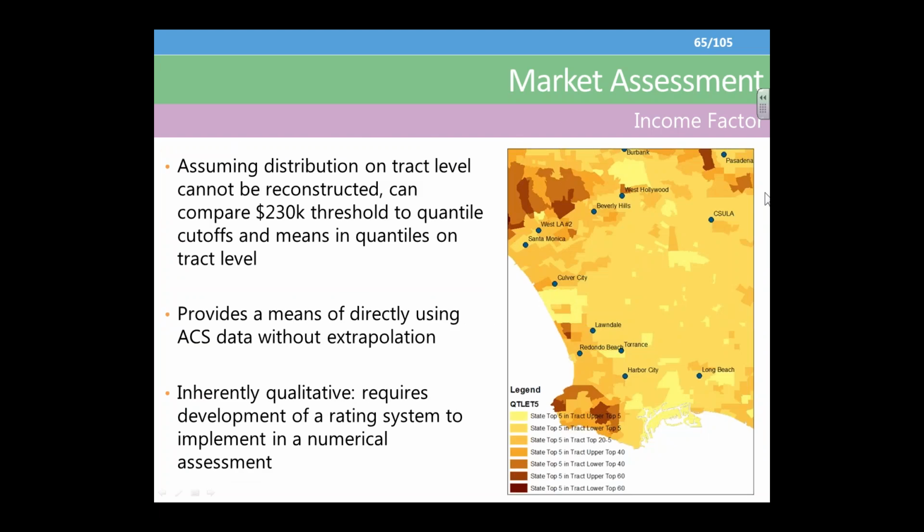So assuming that you cannot or do not want to go through the process of recreating the distribution of income on the tract level, one thing you can do is say, okay, I know the cutoff I'm looking for is $230,000. Is that in the top 20%? Top 5%? Top 40%? Top 60%? And just locate that value for every single tract, and then assign some kind of score to that.